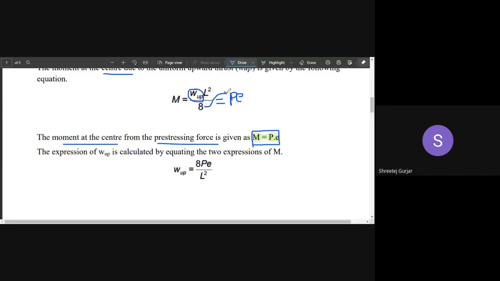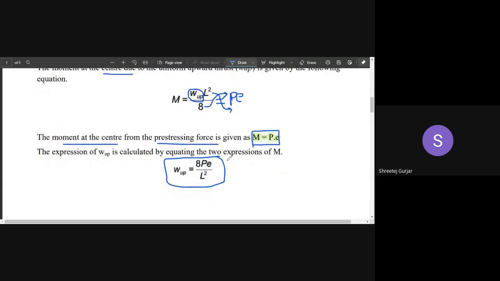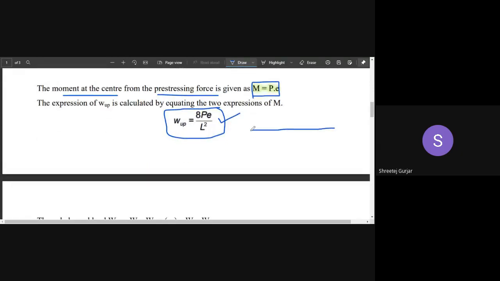The 8 will move over here and L squared will move to the bottom. So WUP is equal to 8PE by L squared. This is for your parabolic type of cable.